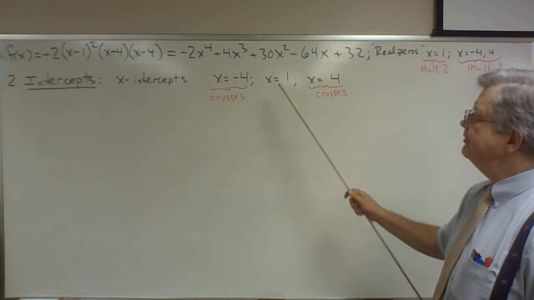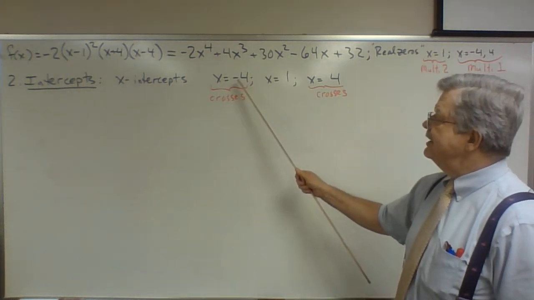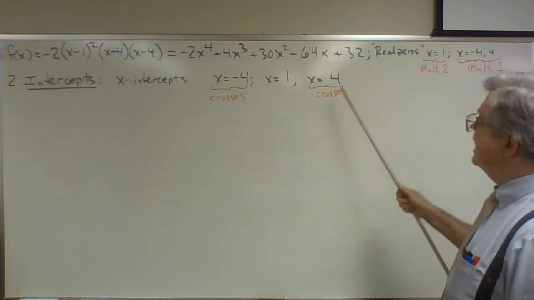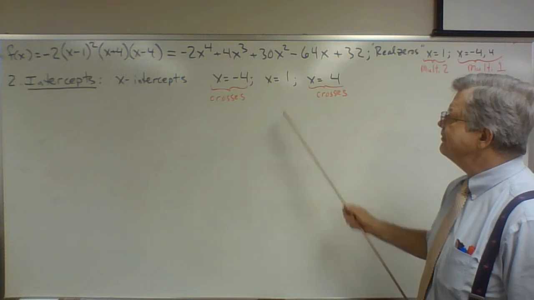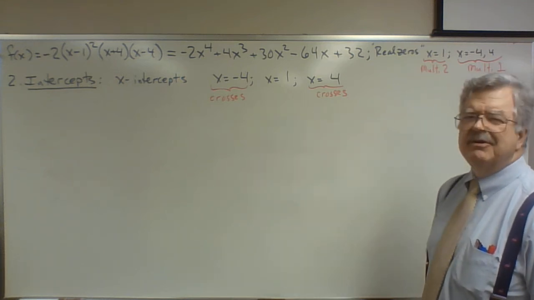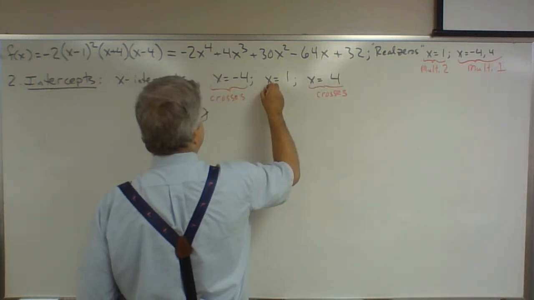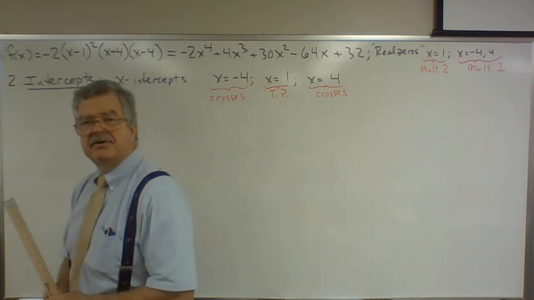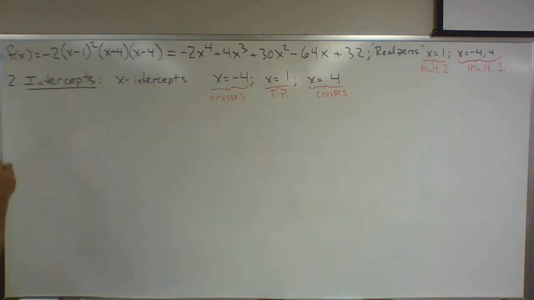X equal 1 is an x-intercept. At x equal +4, the graph crosses the x-axis. At x equal 1, the graph doesn't cross the x-axis. Instead, I'm going to write here TP for turning point. Those are my x-intercepts.